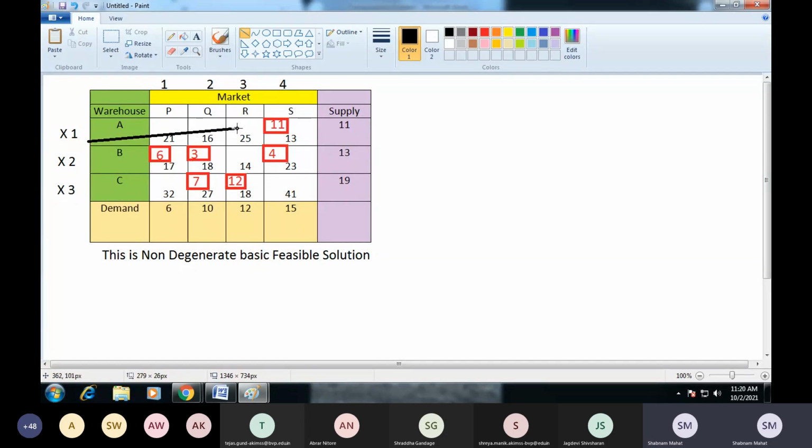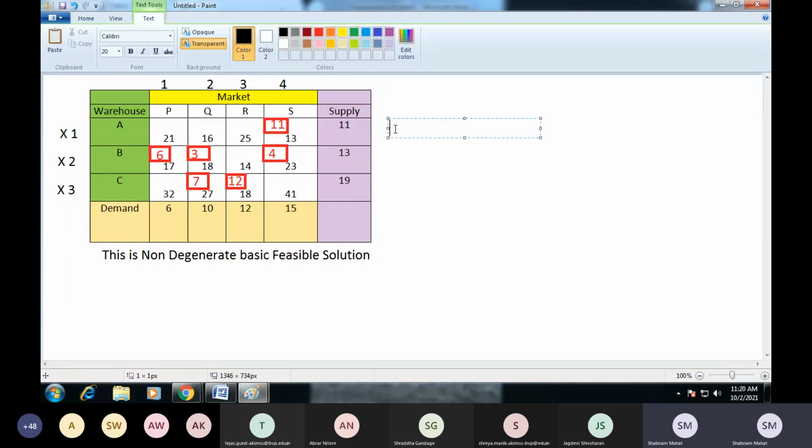So write down all four values. First of all, I write x11 is equal to 0 because there is no allocation. x12 is equal to 0 because there is also no allocation. x13 is equal to 0, no allocation. But x14 is equal to 11.